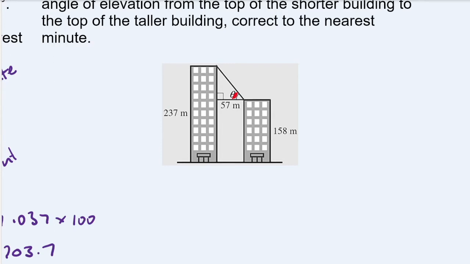We have this little bit here that is our right angle triangle. So let's put it down the bottom. We have 57 metres right there. We have theta in here.